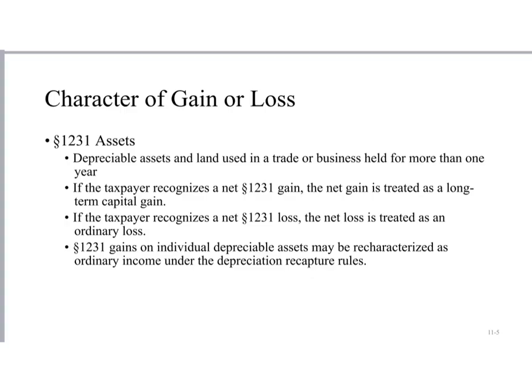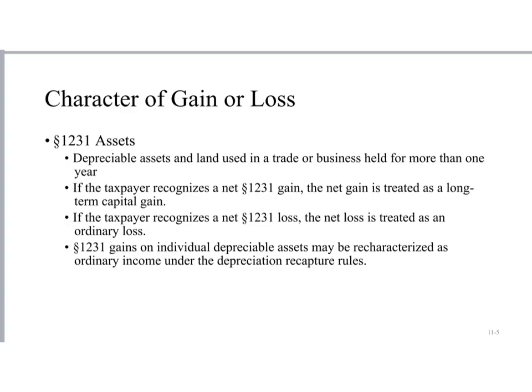So what we need to talk about are 1231 assets. So this slide kind of sums up the big ticket items for section 1231. So let's talk about each of these items.